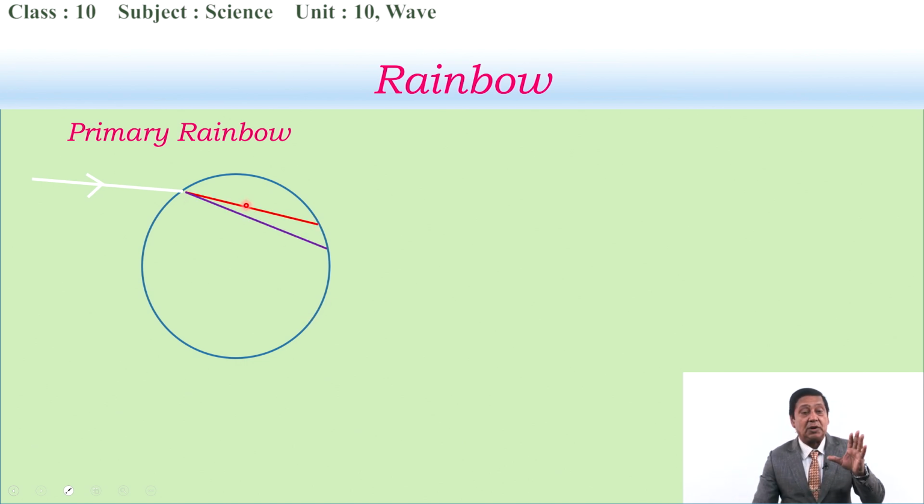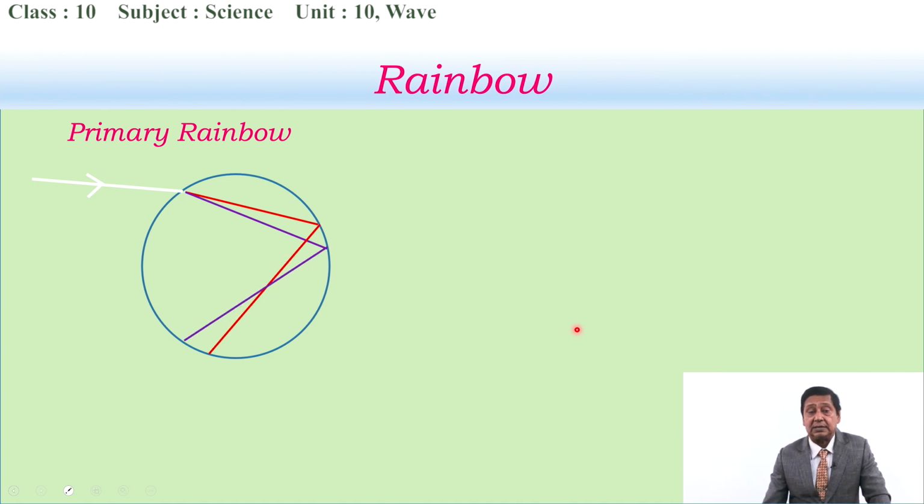I am drawing 2 rays of light only, which are present at the edge of this 7 colored light, that is red and violet. We are not drawing all the rays of light. It is difficult to show all the rays properly from the beginning to the end. That's why only 2 rays of light are taken. Exactly, there are 7 different rays of light, as told just before.